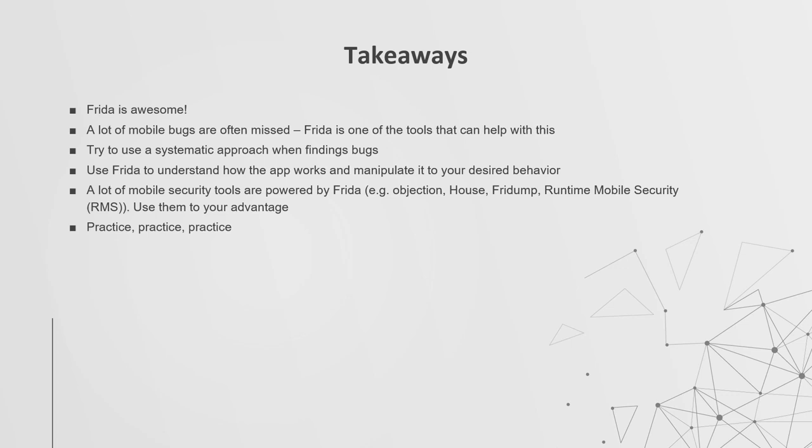So when possible, use Frida to understand how the application works and then tweak it so it behaves how you want it to. There are a lot of other tools out there which are powered by Frida. So please check them out and use them to your advantage. And finally, practice, practice, practice. If you're new to this, it can be tricky at the start, but the more you do it, the quicker and more efficient you become.